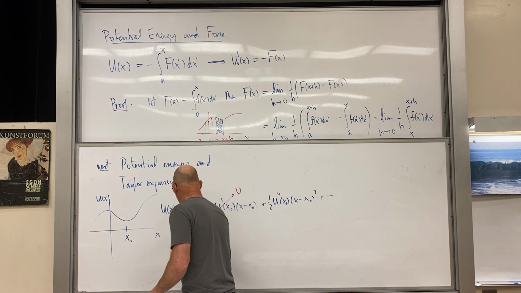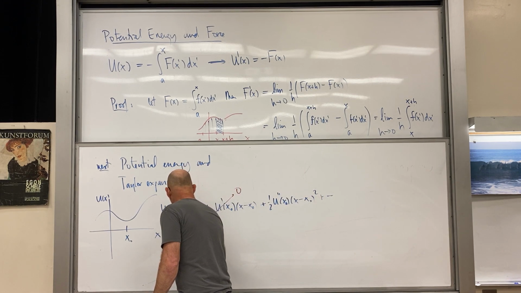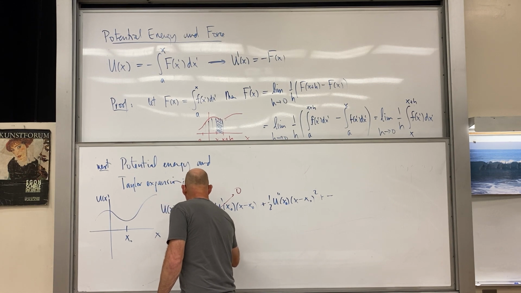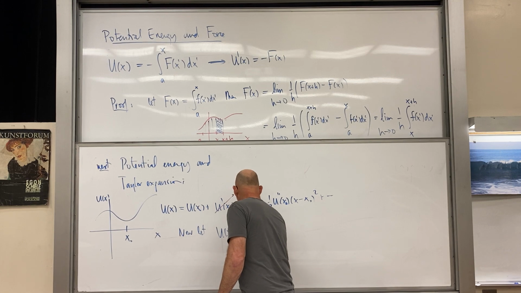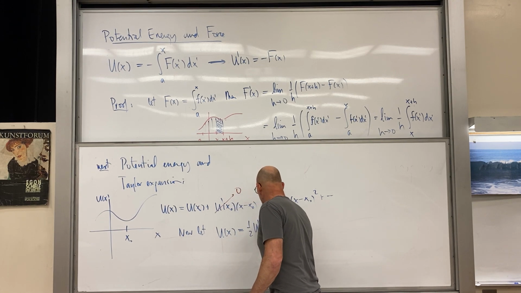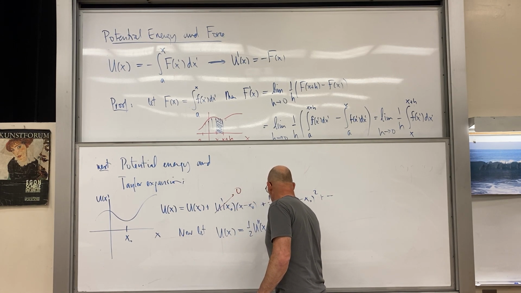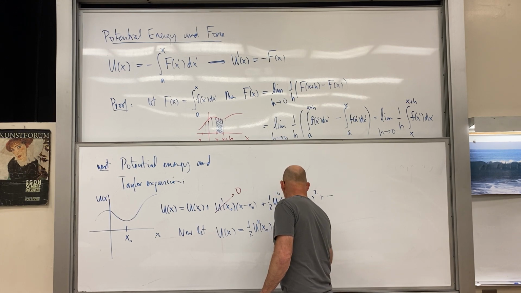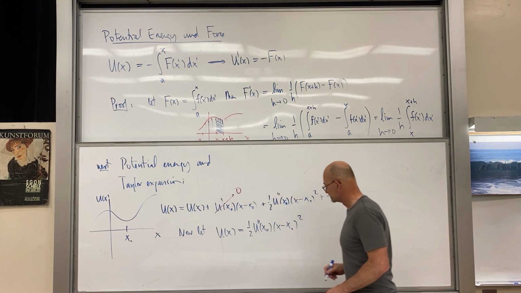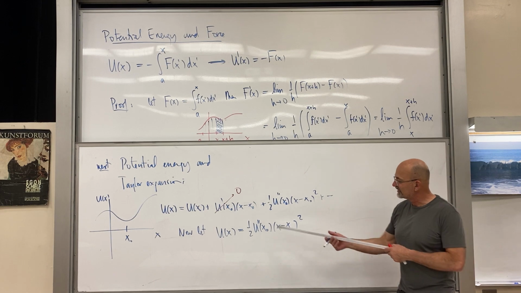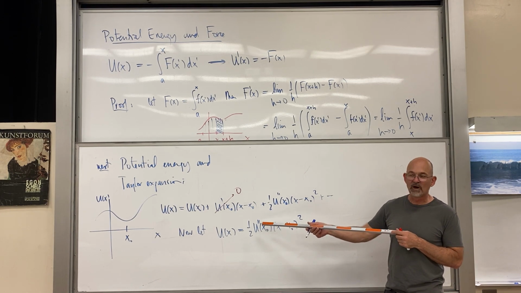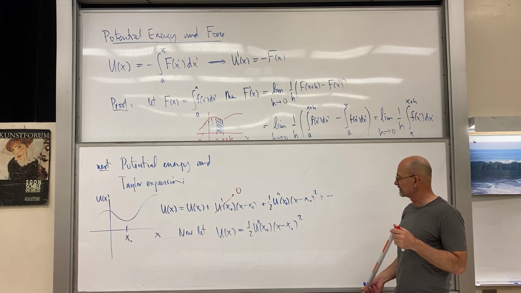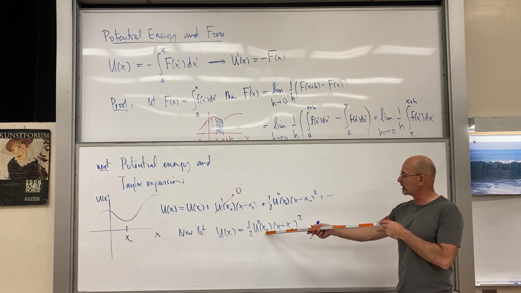So now let's just, without giving it a new name, let u of x be this 1/2 u double prime of x0 times (x minus x0) squared. And this is, of course, a constant, and I said we could replace it with the letter k if we want to. Under many circumstances we do.